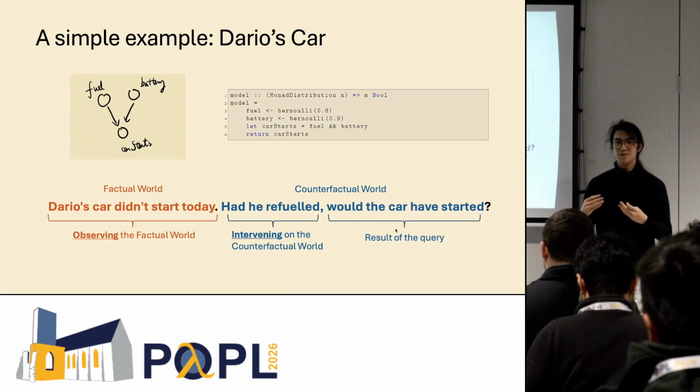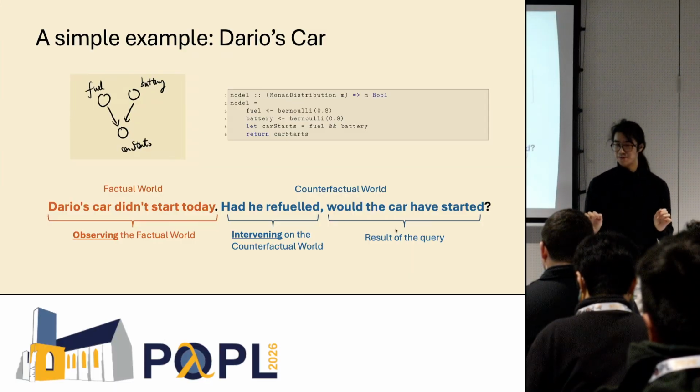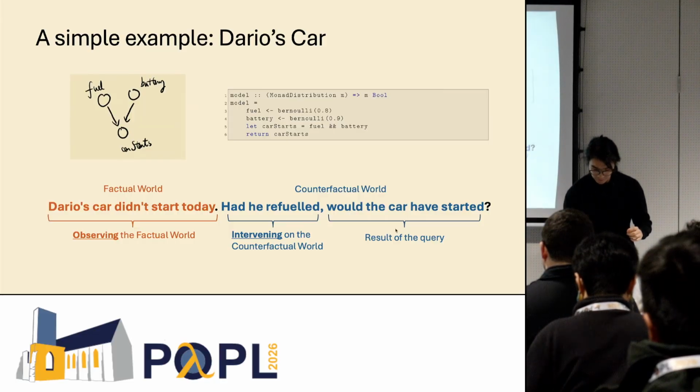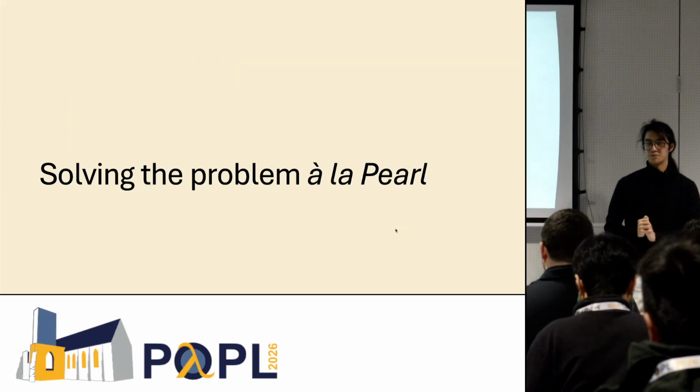So intuitively, it means that we're not observing that Dario hasn't refueled. What we're doing is the equivalent of going back in time and forcing Dario to refuel his car while keeping everything else the same, and then asking, OK, would the car have started in this scenario? So how do we answer this kind of query systematically? Well, this is exactly what Pearl's toolkit is about.